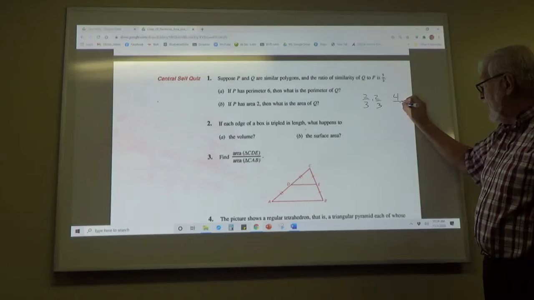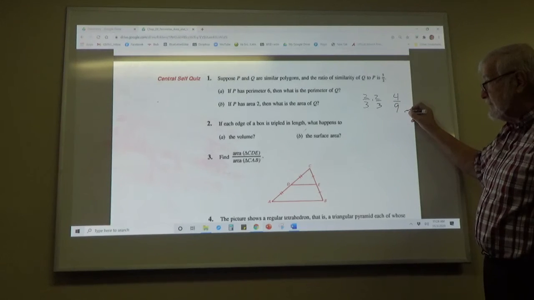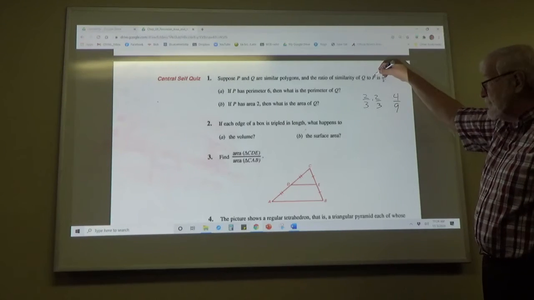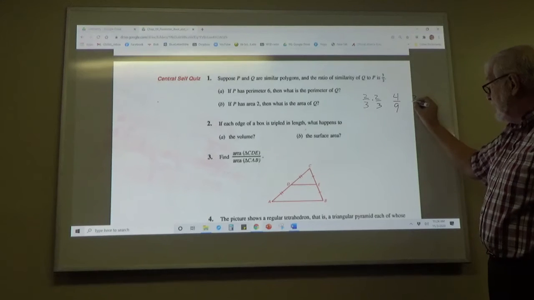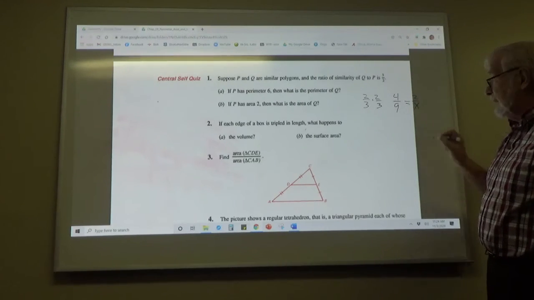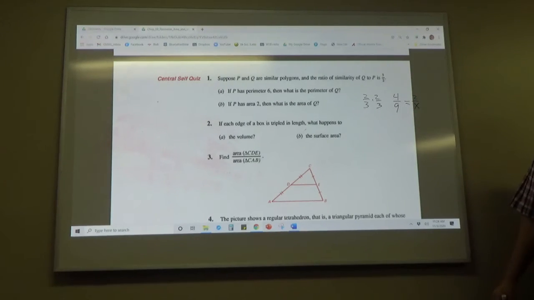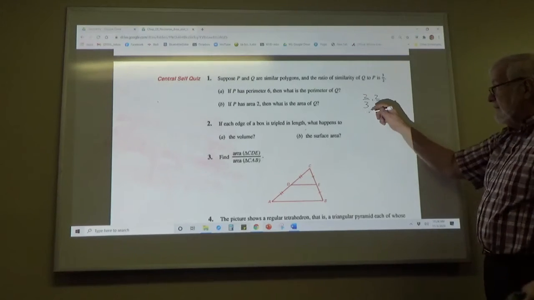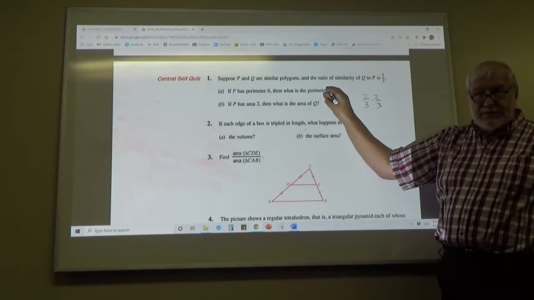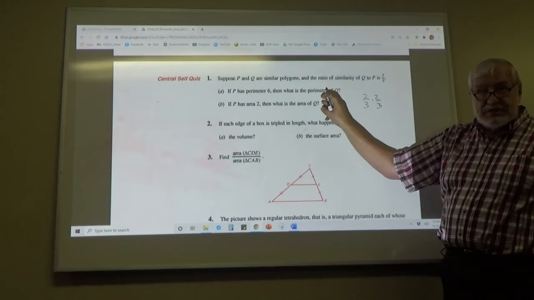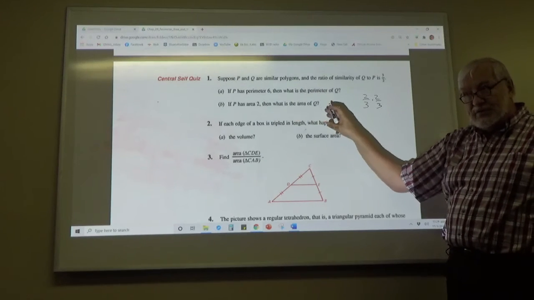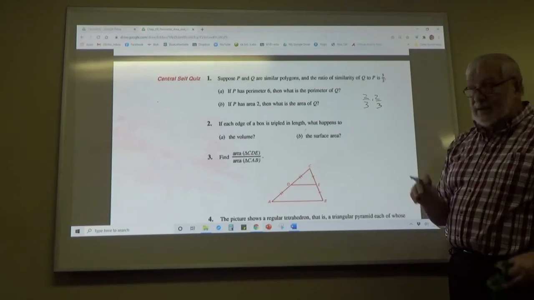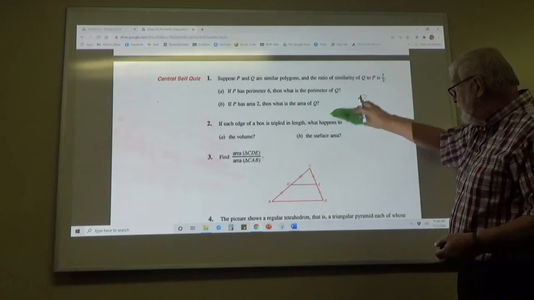So if 4/9 is the area relationship and P is the smaller, it is 2 to X. And so we'll end up with 18 divided by 4. So whenever you're doing area, the multiplier difference, there's 2 of them because it's one number times another number, so these end up being double or squared.